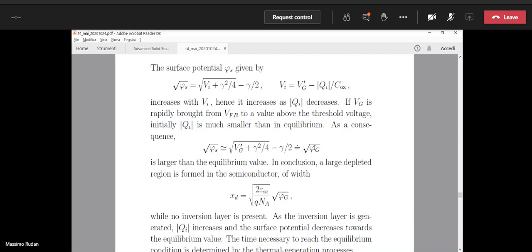Let's call it phi g, okay? So phi s is much, much larger than the equilibrium value. The equilibrium value is reached after a time when the inversion layer has formed, okay? Since there is no inversion layer, the total charge in the semiconductor is due only to the charge of the depleted region.